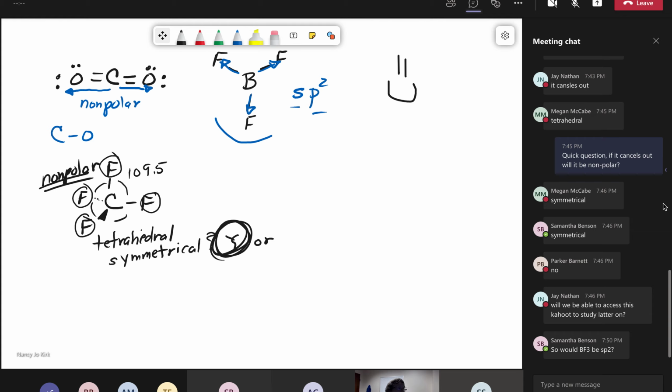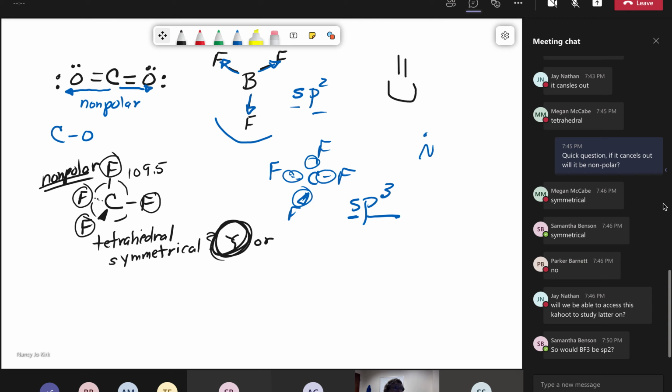And this CF4, we need 4 hybrid orbitals. So if I have sp3, I have an s and 3 p. That's a total of 4 atomic orbitals that will make 1, 2, 3, 4 hybrid orbitals.